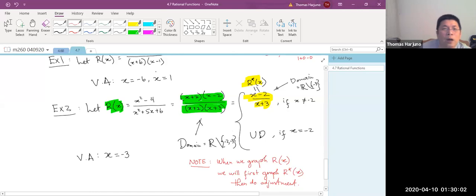Basically, if you want to find the vertical asymptote here, that will be the same as the vertical asymptote here.